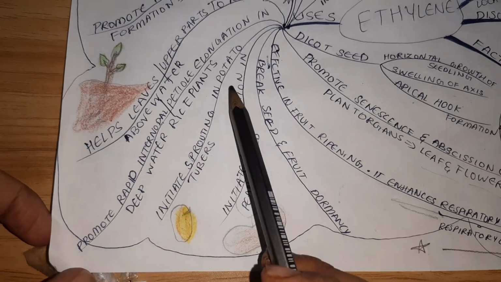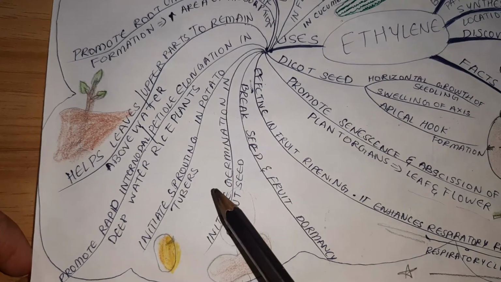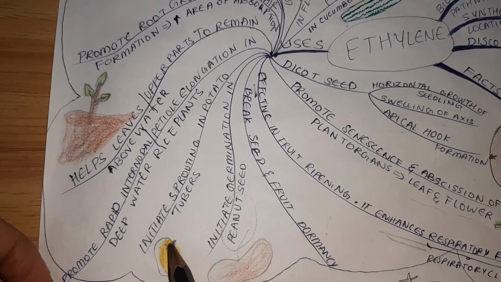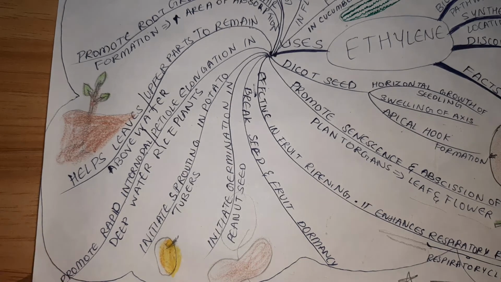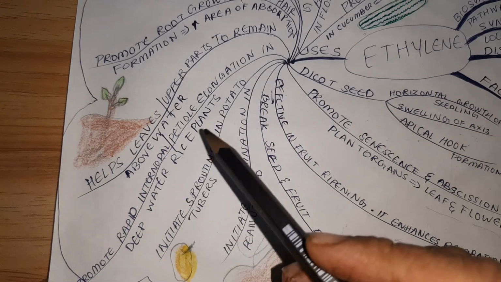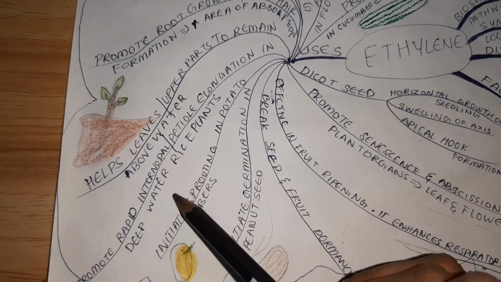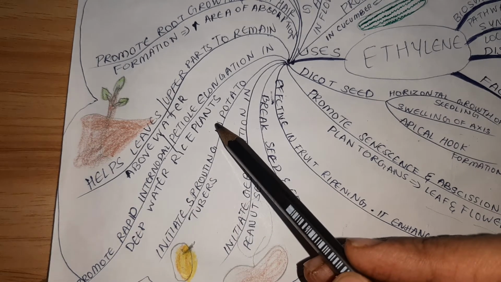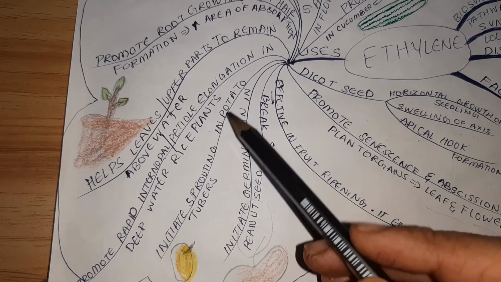This initiates sprouting in potato tubers. We have seen that potato has an eye and a tuber. So this sprouting, this formation of another potato from this tuber, ethylene is also present there and it helps in the sprouting. Ethylene promotes rapid internodal and petiole elongation in deep water rice plants. When plants are present in water, aquatic plants, it helps in rapid internodal growth.